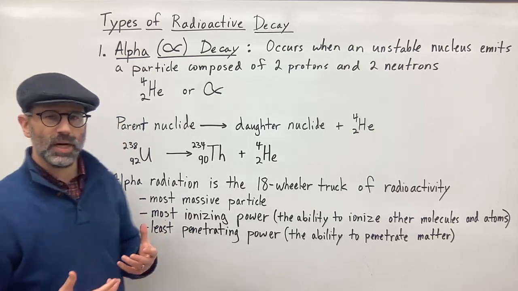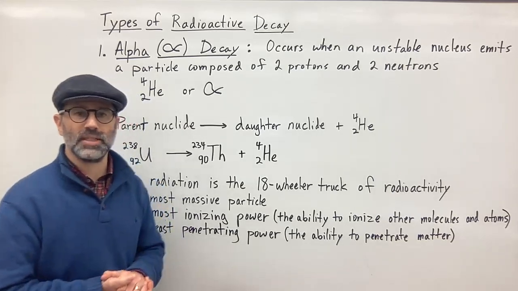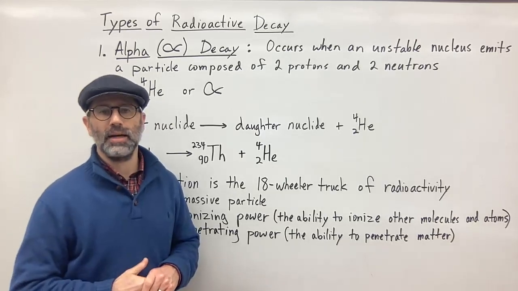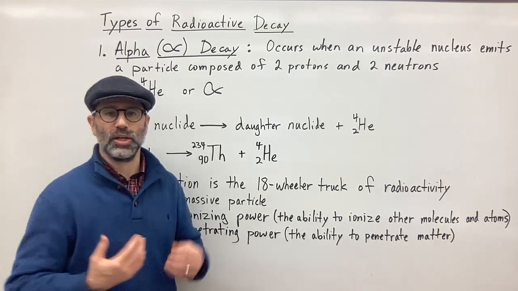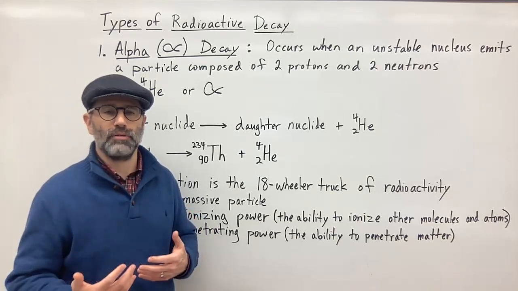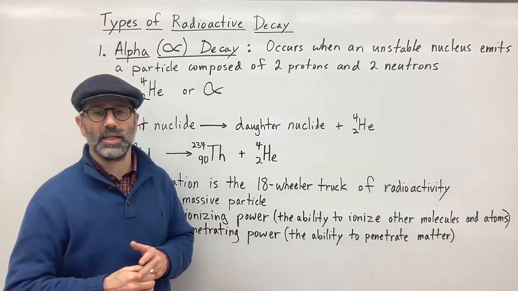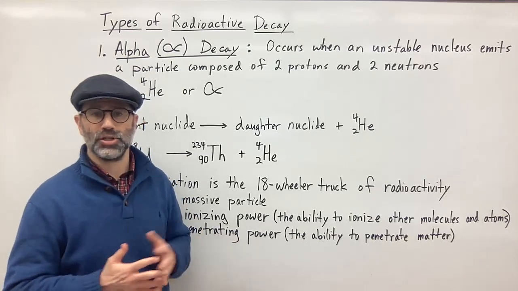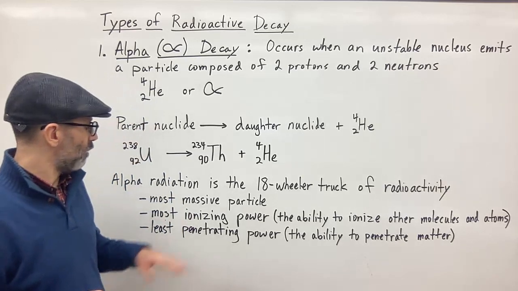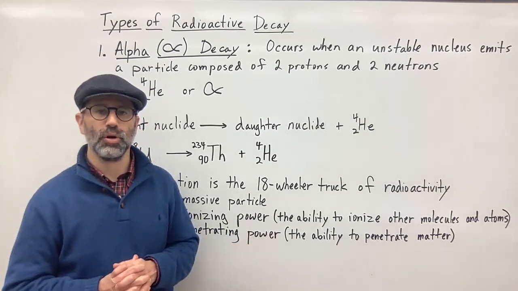Which is a good thing, because if you have an alpha particle being emitted from a substance outside your body, it'll hit your clothes, it'll hit your skin, and your skin and your clothes are going to be enough to block or prevent the further penetration of the alpha particle. So it's relatively safe to you.